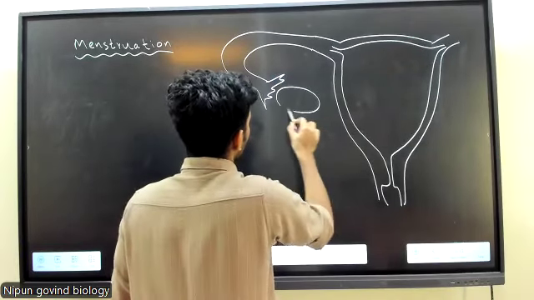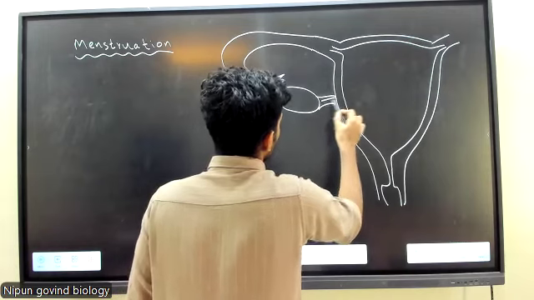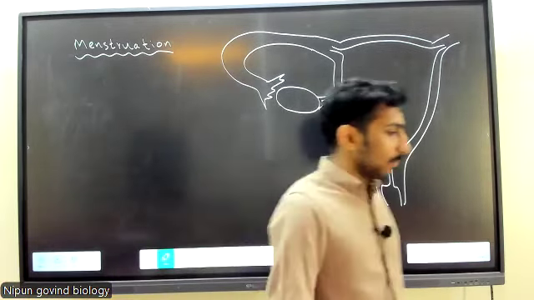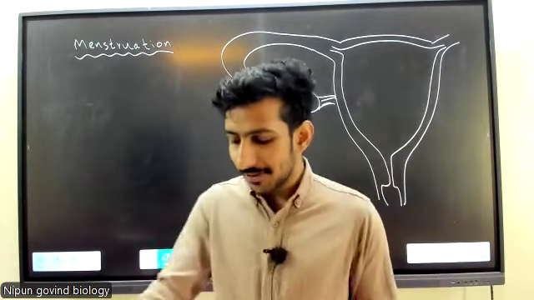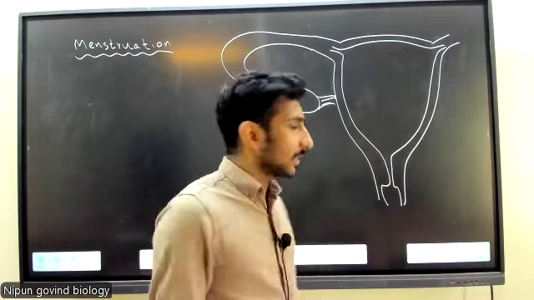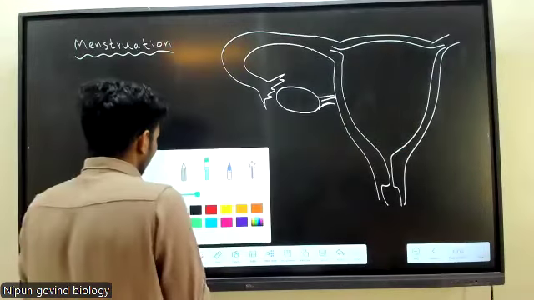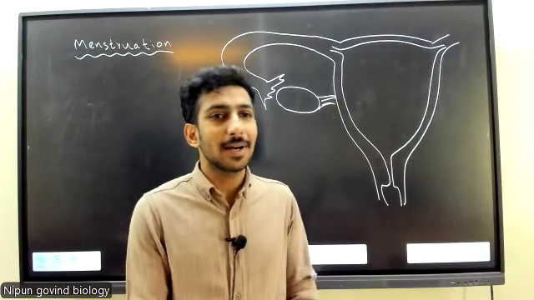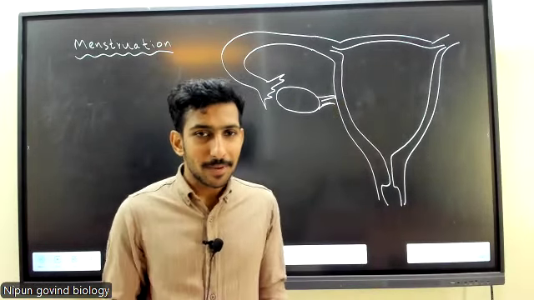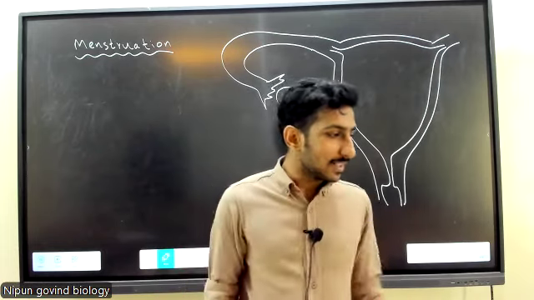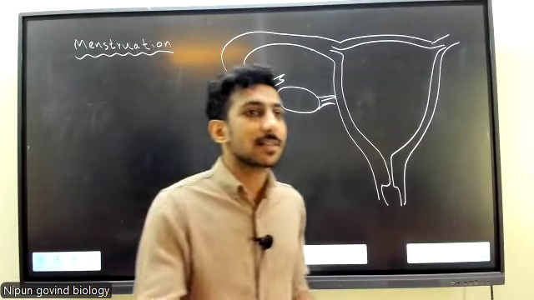The fallopian tube is here, and the ovary is here, isn't it? And how many ovums are released from the ovary? One per month, right? How many immature eggs are there in the ovary at the time of birth? Thousands of immature eggs will be there at the time of birth. On development, the number of immature eggs decreases.